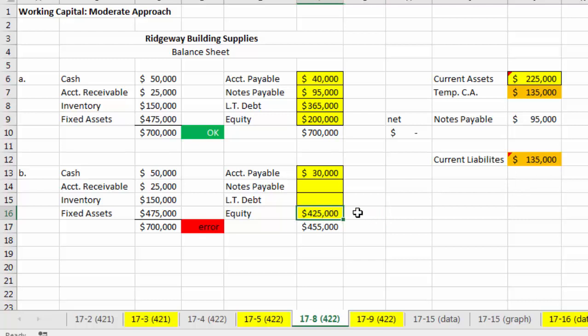They get some more investment from the company owners, and then divvy up what needs to go in notes payable and long-term debt, remembering that 60% of current assets, and that didn't change, so 60% of the 225, which is still going to be 135, is going to be composed of the sum of accounts payable and notes payable. And then the remainder of the liabilities plus equity has to be long-term debt, such that the balance sheet balances.